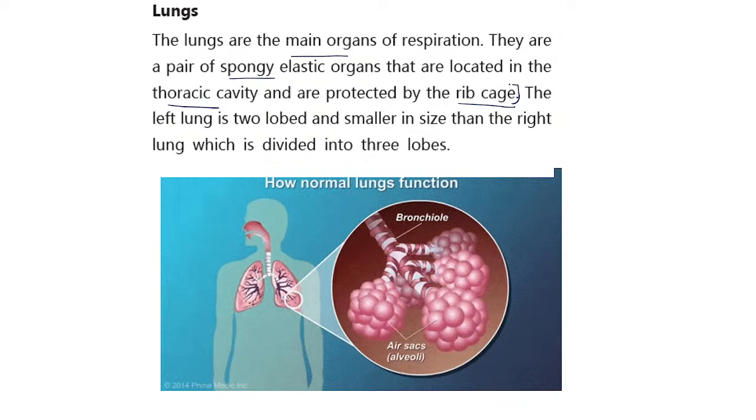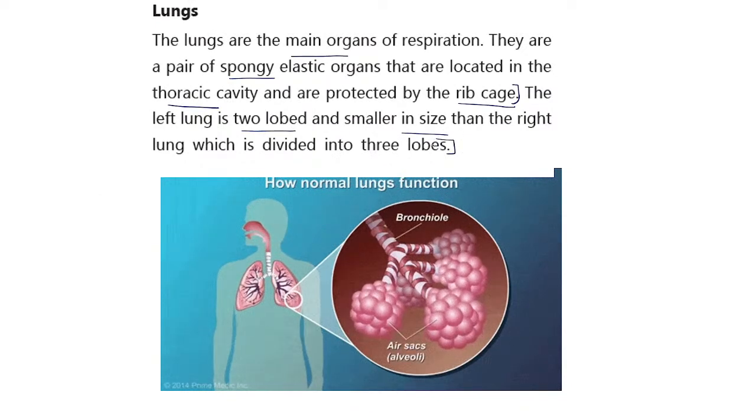How many lungs do we have? We have two lungs. Each of these bronchi ends in a big bag-like structure called a lung. The left lung has two lobes, and it is slightly smaller in size than the right lung. Whereas the right lung has three lobes.